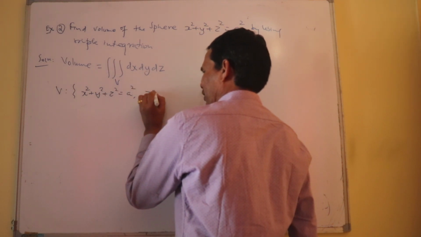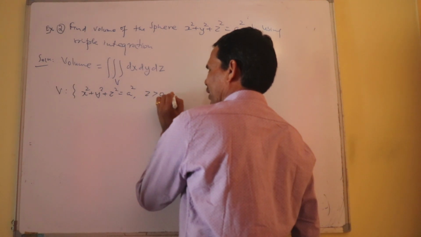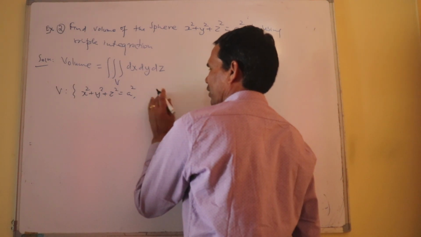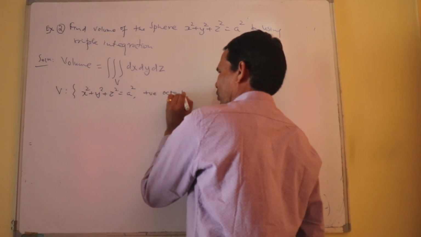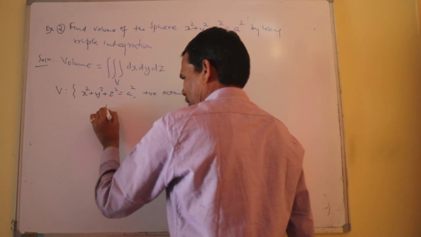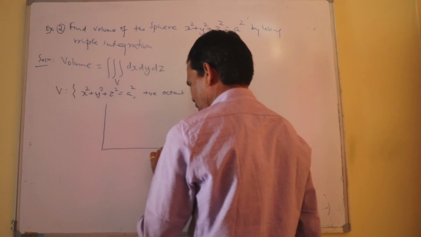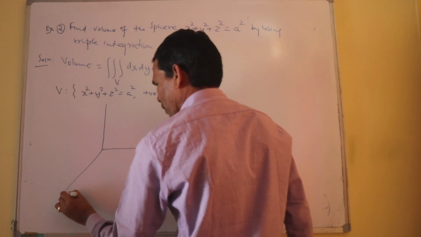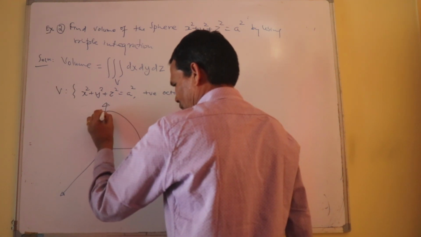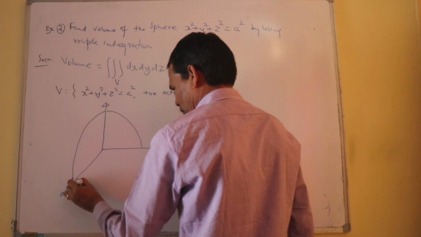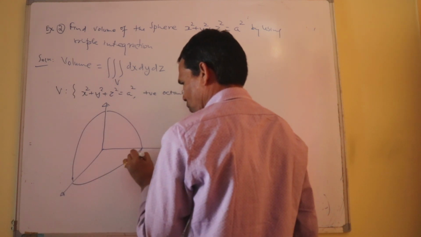I just take this surface with z equal to 0 in the positive octant. So I just draw a figure for this. If you observe, it would be looking like this surface of the sphere.